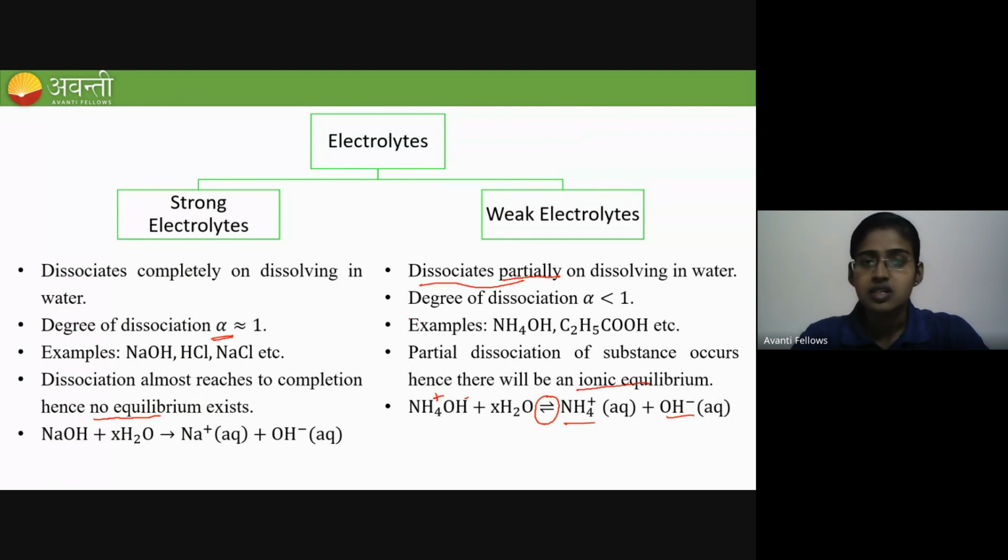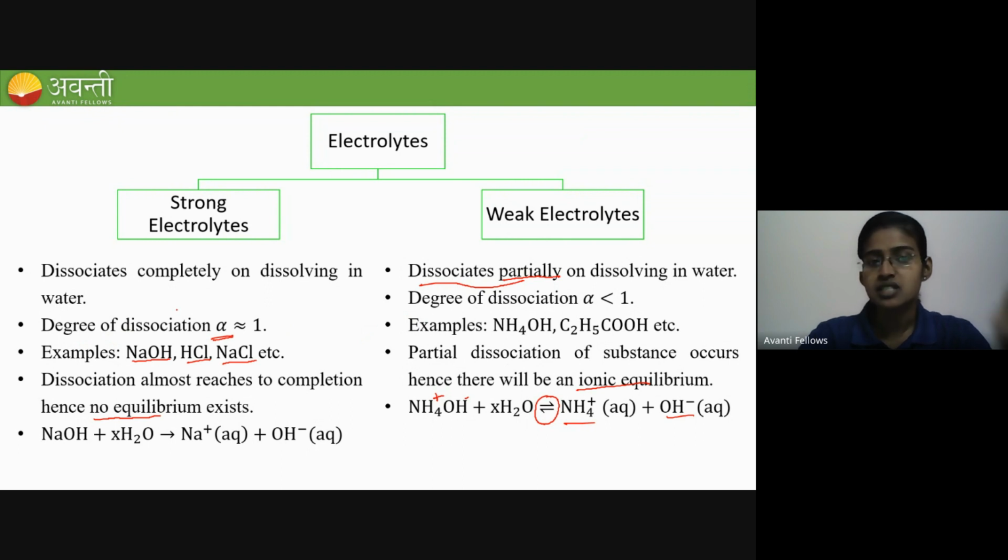Got it? So this is about the strong electrolytes and weak electrolytes. Most of the strong acids, strong bases, or the salts which have been formed from a strong acid and a strong base, will come under strong electrolytes. You can see here, sodium hydroxide is a strong base, hydrochloric acid is a strong acid, and sodium chloride is a salt which has been formed from sodium hydroxide and HCl.